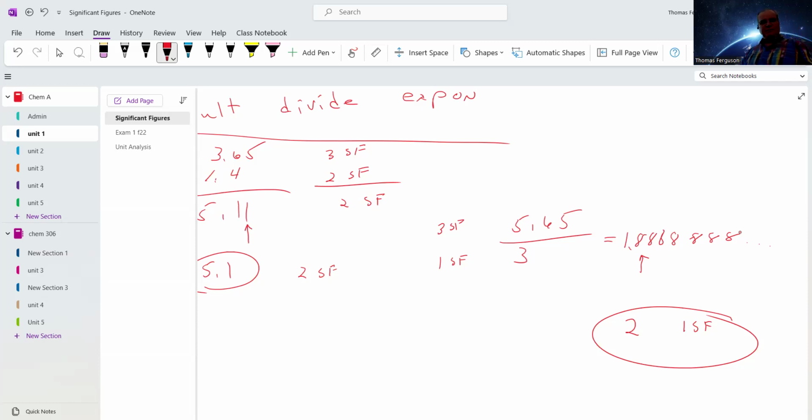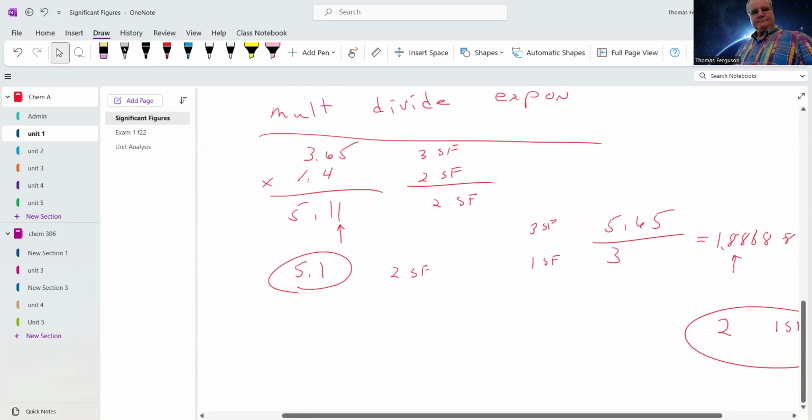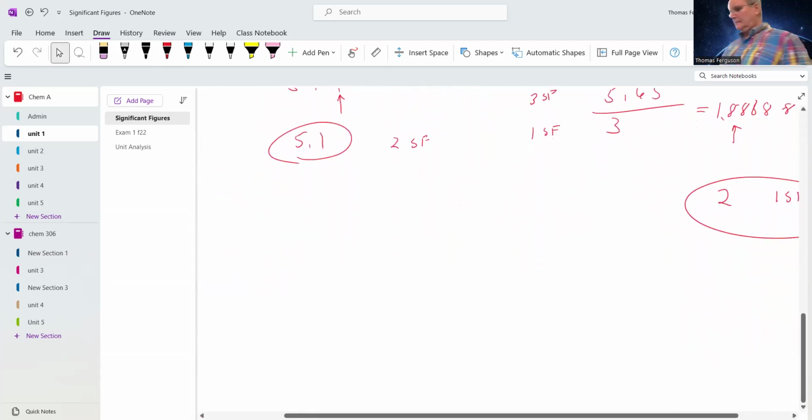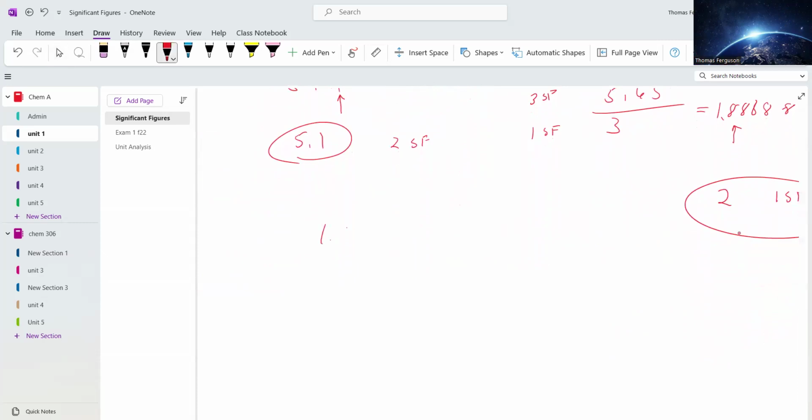All right, so let's do a couple more here. 1.2 times 10 to the 5th divided by 0.34.